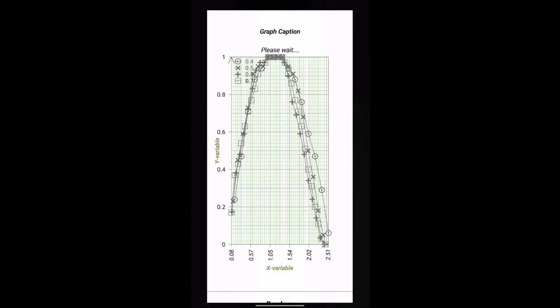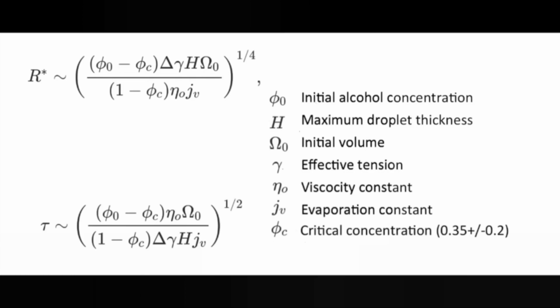The apparent similarity of the spreading dynamics makes it likely that the phenomenon of droplet instability is governed by some kind of scaling laws. Researchers who first discovered this phenomenon derived characteristic radius and time as a function of initial alcohol concentration, maximum droplet thickness, initial volume, effective tension, constants of velocity and evaporation, and the critical concentration.